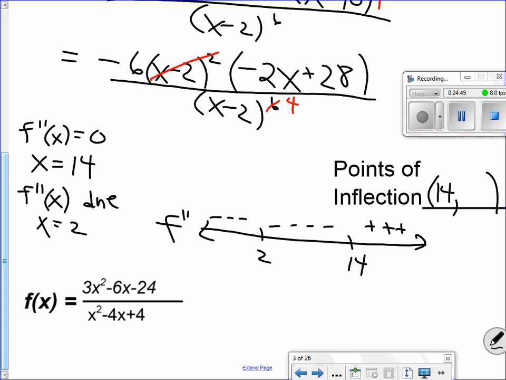I feel like it comes out to be 10/3, but I'm not sure, so I need one of you to tell me, because I know it was 3 point something. Plug 14 into the original function for me. You got 10 over 3? Okay, good. That's what I thought it was.